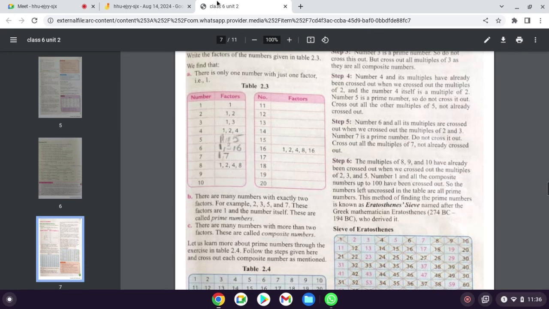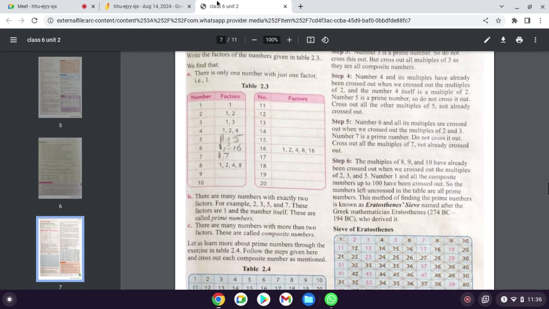There are many numbers with exactly two factors, like 2, 3, 5, 7. These factors are 1 and the number itself. Understood? Yes, ma'am. The numbers whose factors are 1 and the number itself are known as prime numbers.